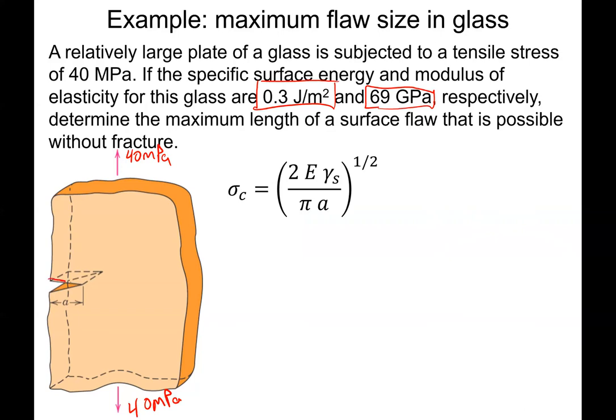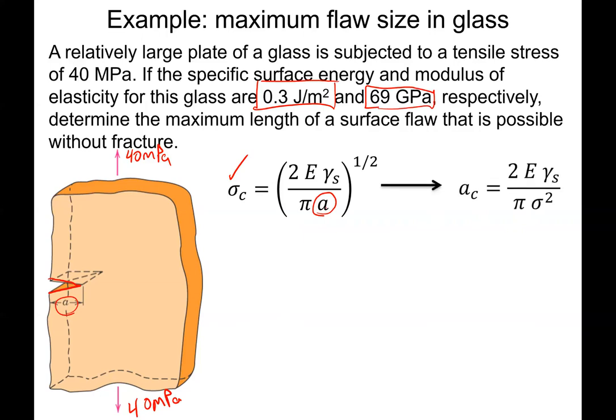Here we are at the surface and we have a crack of length A. So what is the maximum length for this flaw that's possible without fracture? I've got my fixed stress that's being applied, and I want to know how big my crack can be to avoid fracture. So we'll just rearrange that.